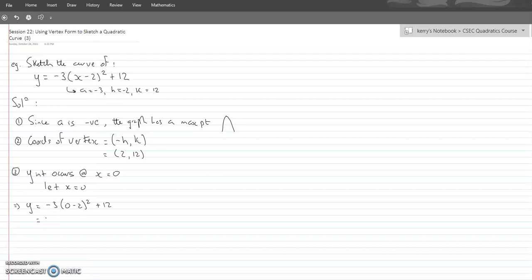So this becomes -3 into 4, which is -12, plus 12, giving us 0. Therefore the y-intercept is 0, and its coordinates will be (0, 0). What this means is that the graph passes through the origin.